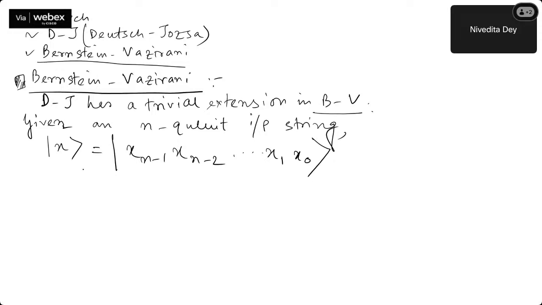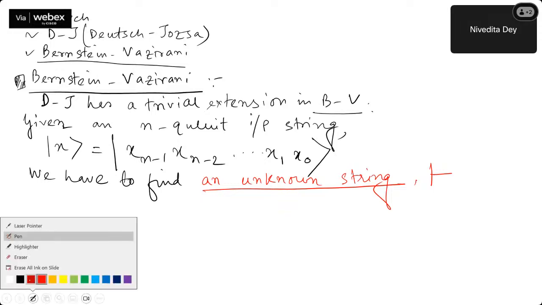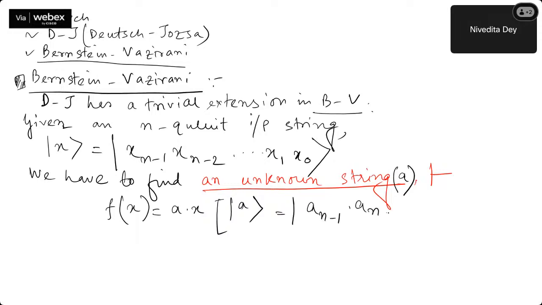Now we have to find an unknown string such that f of x is basically a dot x, where the unknown string is say a, and a can be written as a n minus 1, a n minus 2, ..., a1, a0.